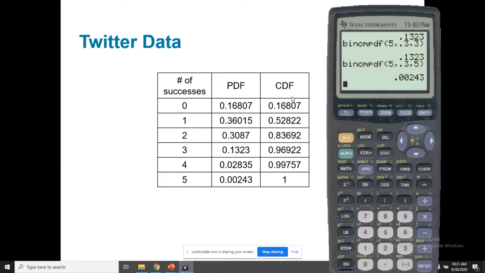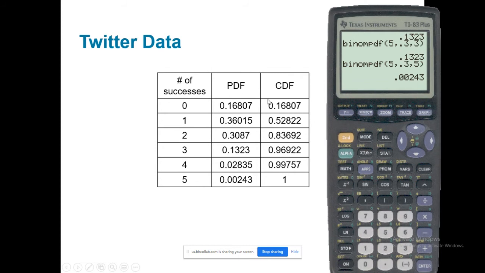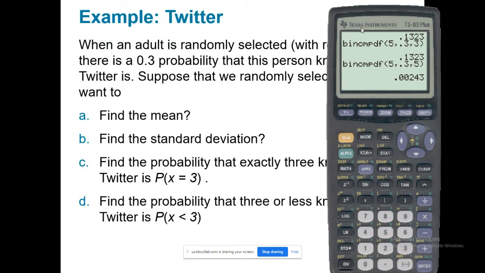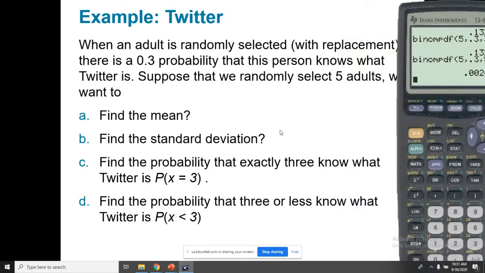So why is this CDF important? Well, the CDF is important if we were asked to find items such as these, where we're dealing with inequalities. Here we're asked to find the probability that 3 or less will know what Twitter is.